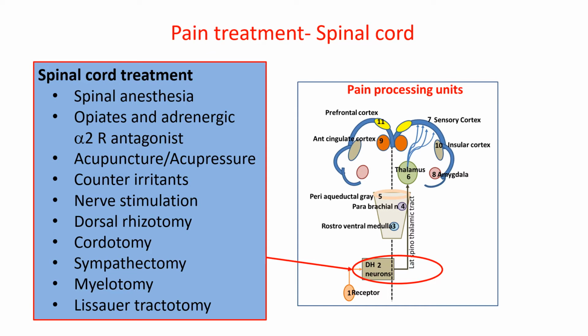The myelotomy, that means a midline sectioning, so that the crossing of the fibers is severed. So that means you have to select the segment of the myelotomy. Then Lissauer's tractotomy, that means above the level of the lesion or at the level of the lesion, you cut Lissauer's tract so that the pain is relieved. So these are some of the strategies for the spinal cord.